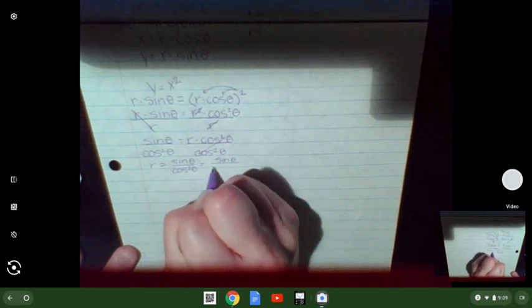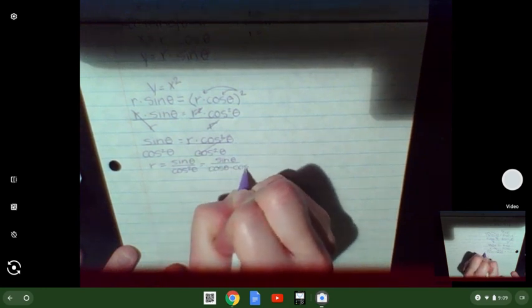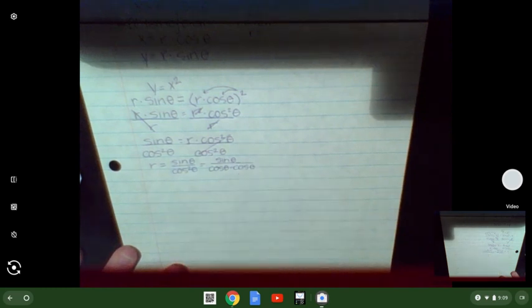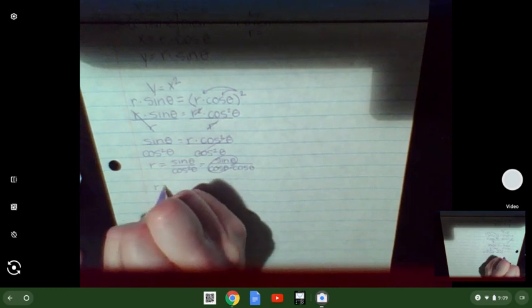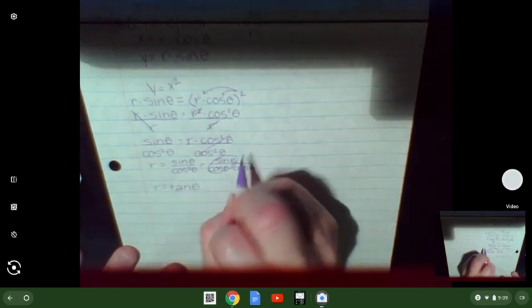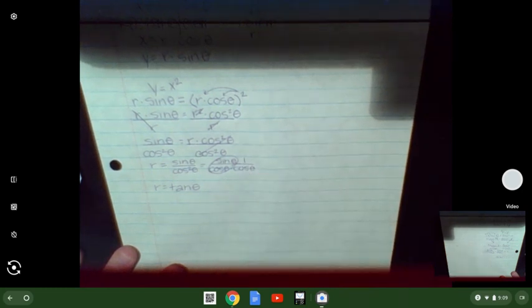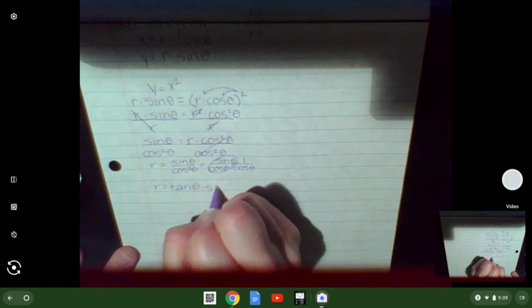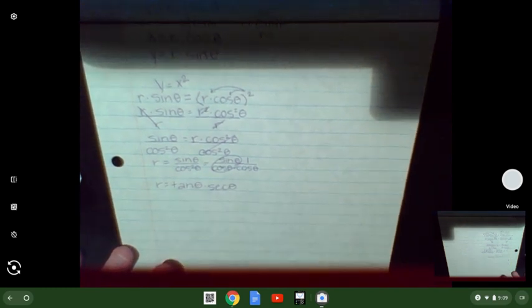But thinking about what cosine squared means, cosine times cosine, extend that a little bit. Here is our sine over cosine. There is our tangent of theta using the quotient identities. We still have a cosine in the denominator. 1 over cosine, using the reciprocal identities, is secant theta. And we just got our equation in the form of r equals.